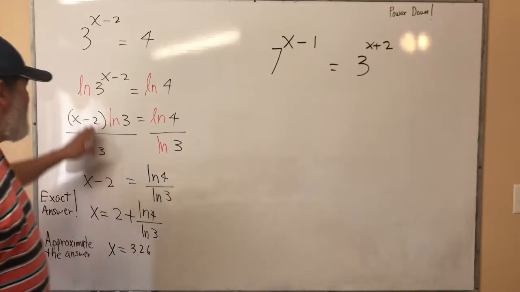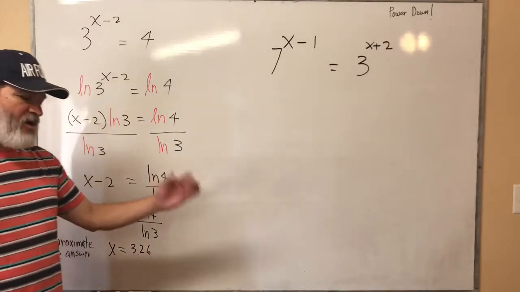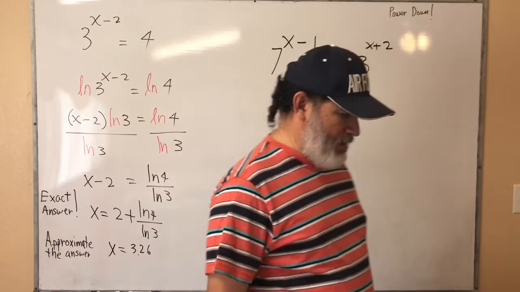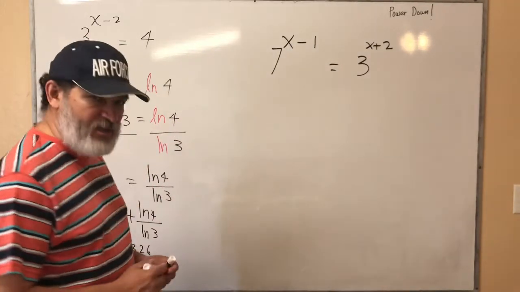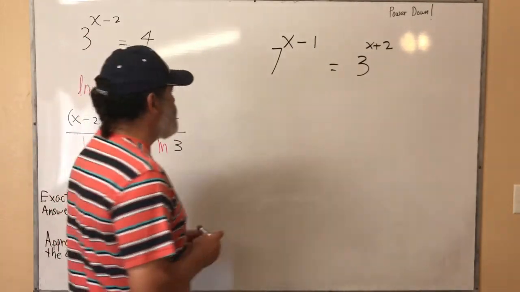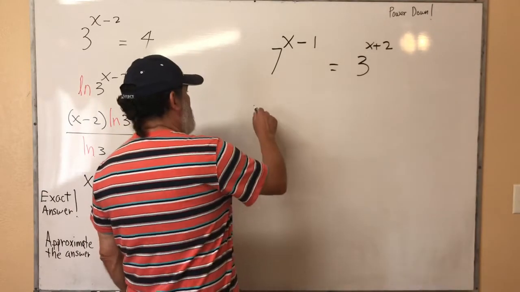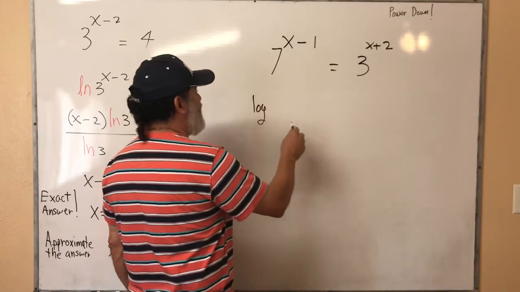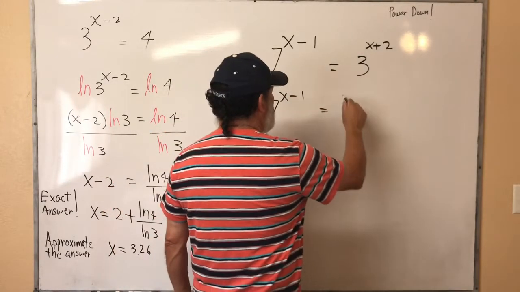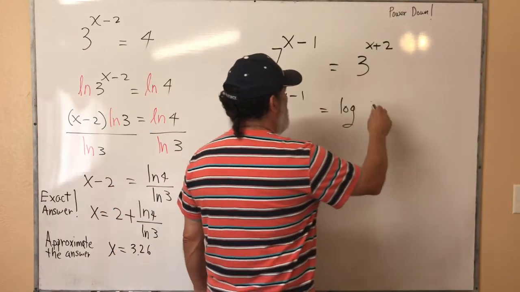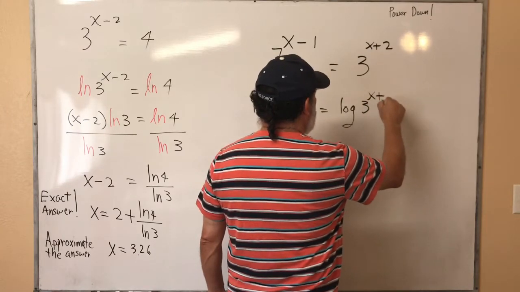Now here I use ln, but if you want to use log, I'm okay with that. You can. Sure you can. Let me take the log of both sides, okay? So here we go. Log base 10 of 7^(x-1) equals log base 10 of 3^(x+2).